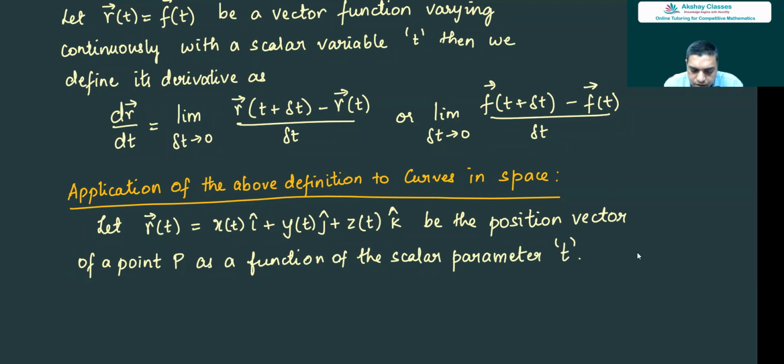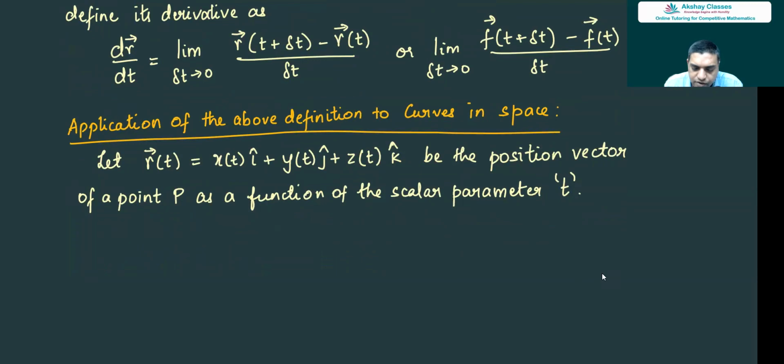So for different values of t, the point P traces a curve in space.